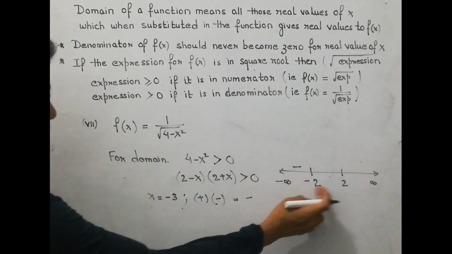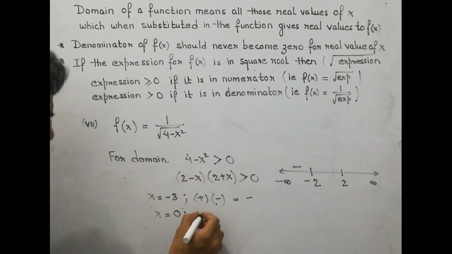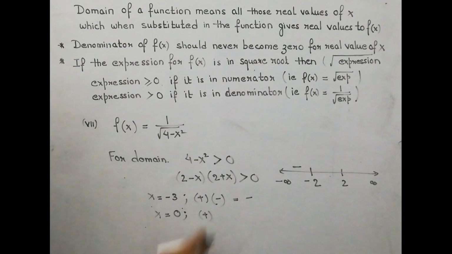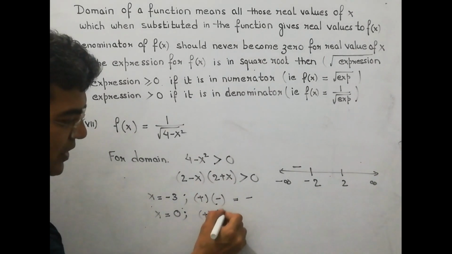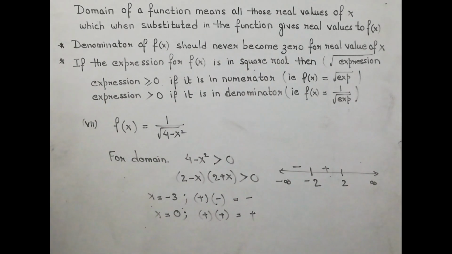Now you substitute a value lying in between, so we can take x is equal to 0. When you substitute 0 over here, you get plus. You substitute 0 over here, you get plus. This is plus.